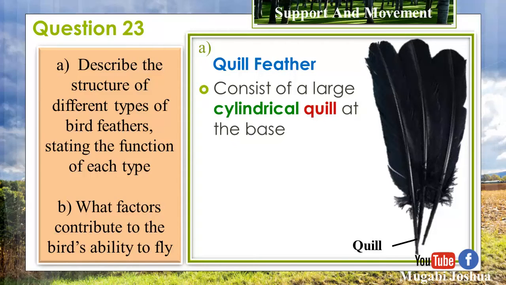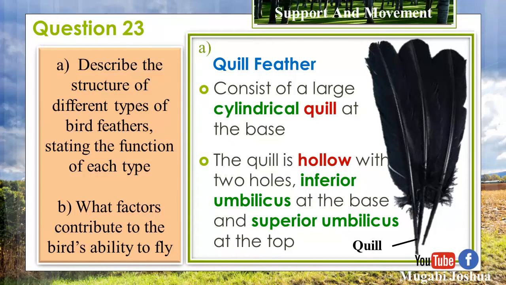The quill is hollow with two holes: the inferior umbilicus at the base and the superior umbilicus at the top.